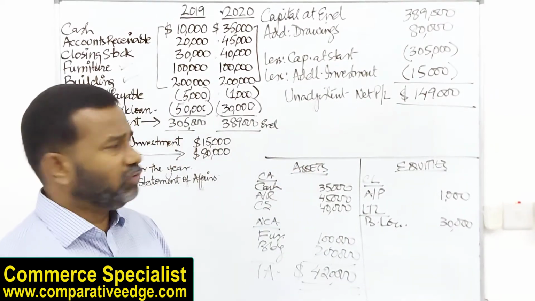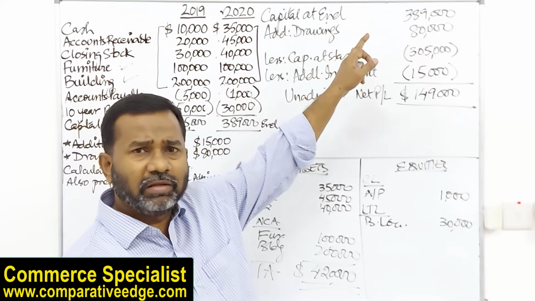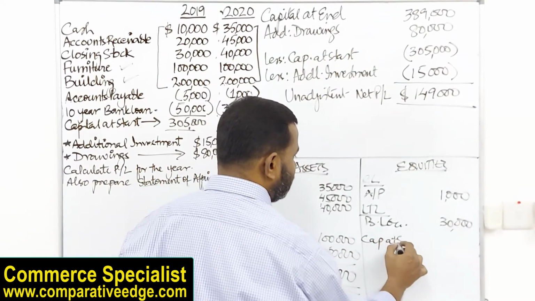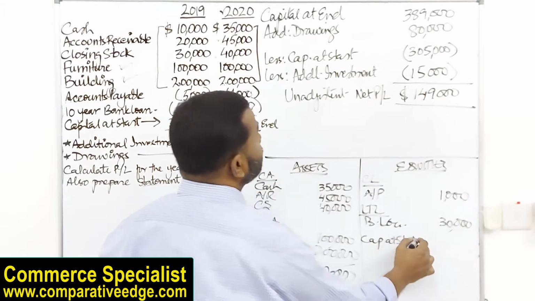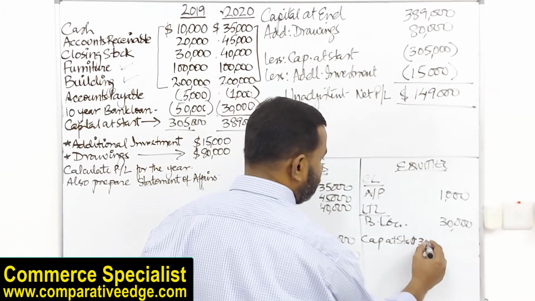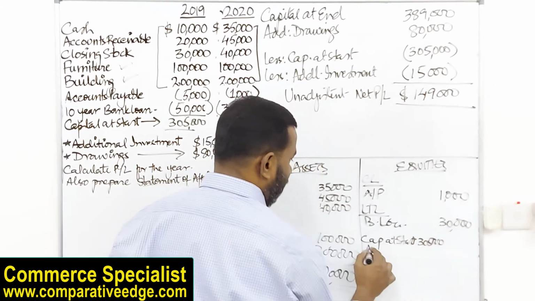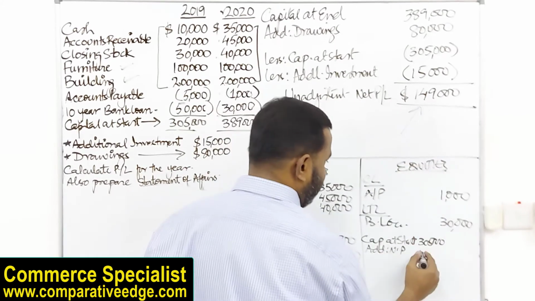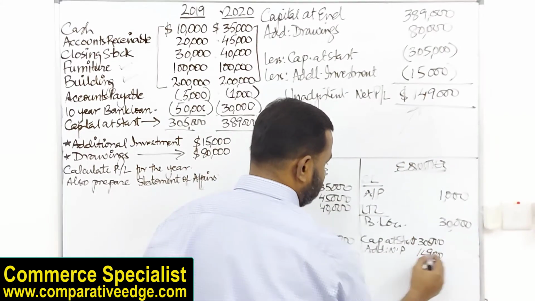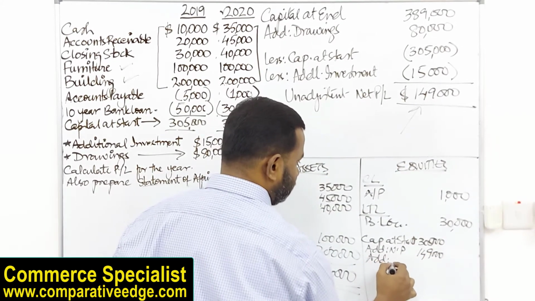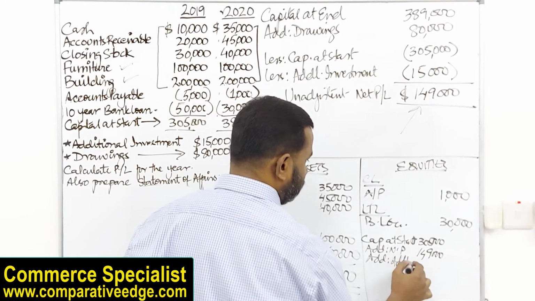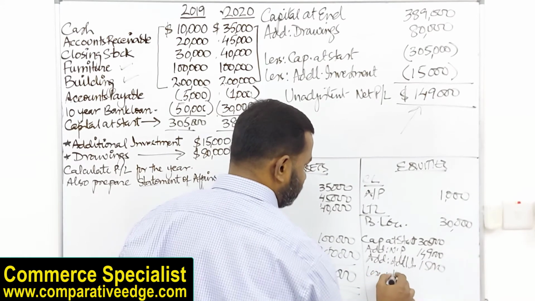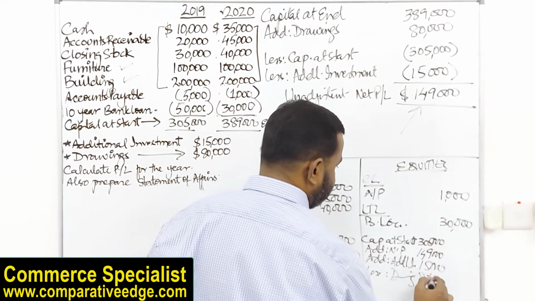Now you have two choices. You can take capital at end directly, or you start with capital at start, which is 305, add net profit, which we calculated here, 149, add additional investment, which is 15,000, and then less drawings, which is 80,000.